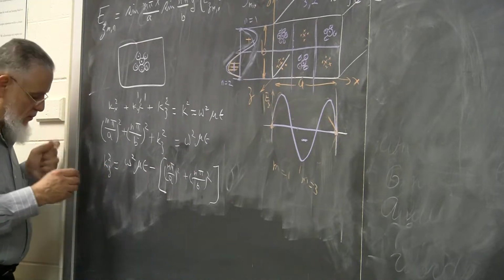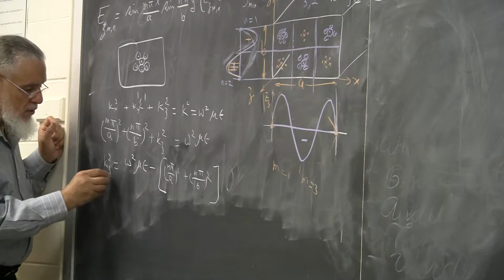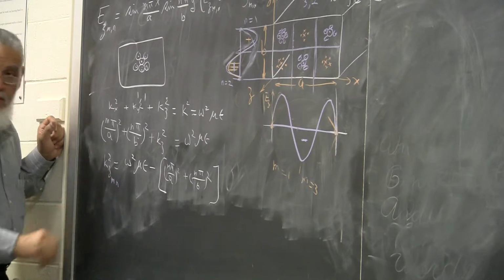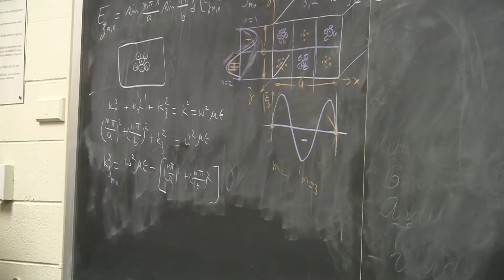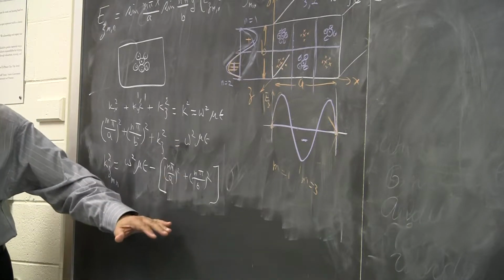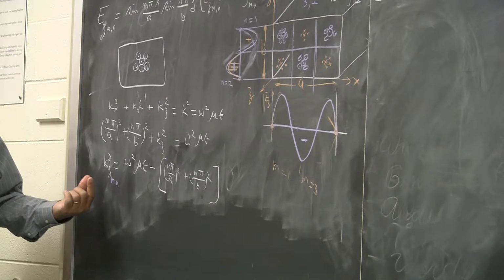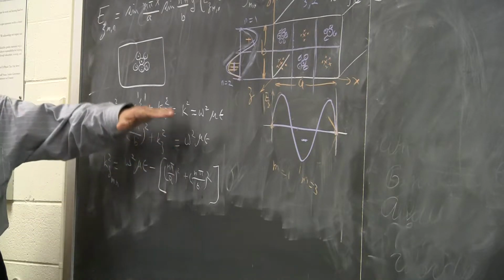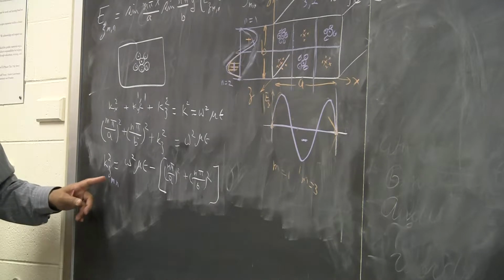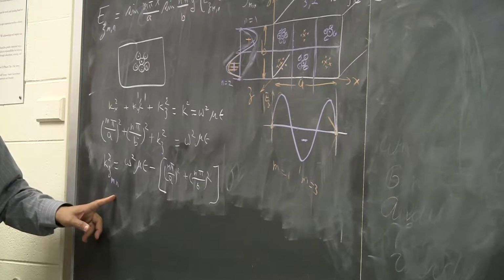So that means k sub z actually deserves to get the mn subscript. Obviously, if m and n are low, then your k sub z squared is positive. If m and n go higher, the k sub z mn squared could go negative.